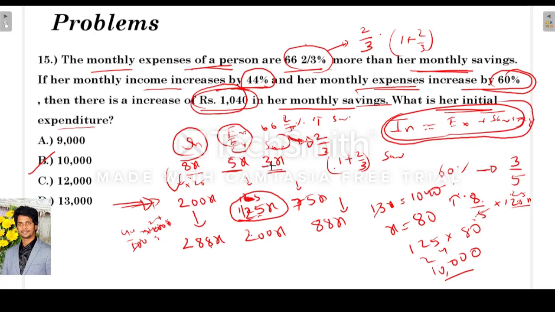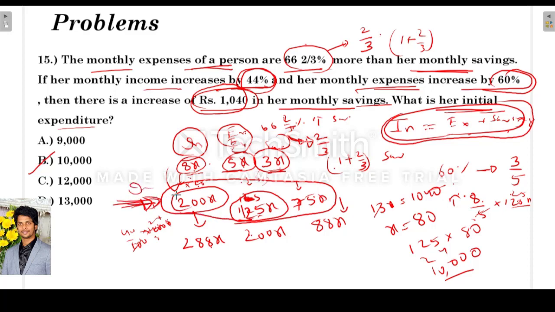So if we take savings as 3x, then the expenditure will be 5x, because it will be multiplied with 5/3. Then income becomes expenditure plus savings, 8x. Because the percentage 44 is involved, I multiplied each of these with 25. So 200x, 125x and 75x will be my initial values.